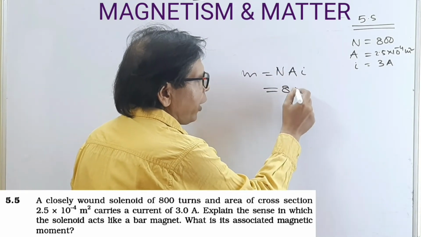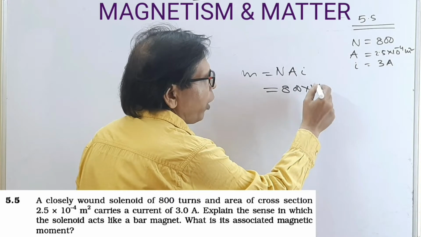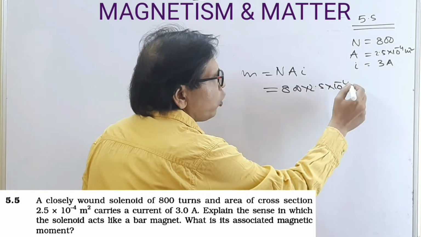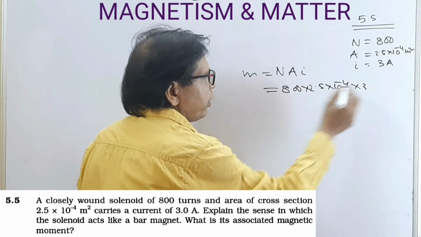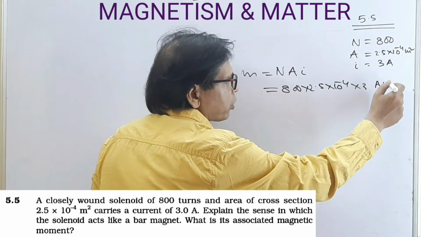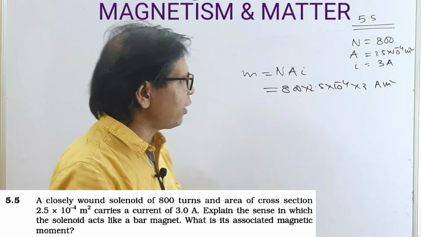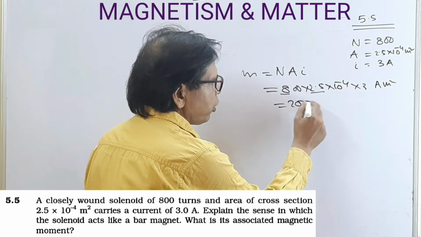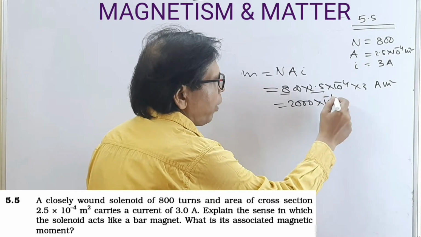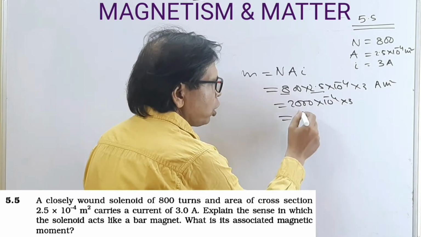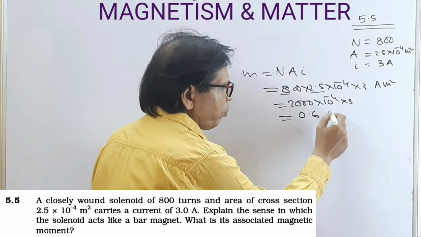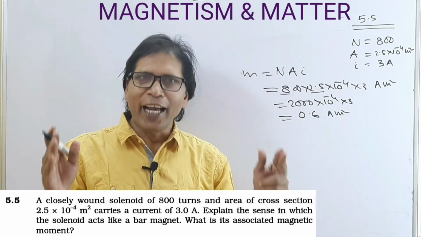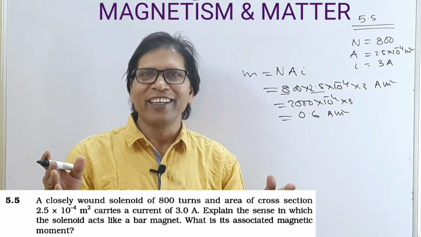Here N equals 800, times 2.5 × 10^-4, times 3, in units of ampere meter square or joule per Tesla. Now 800 times 2.5 is 2000, and 10^-4 into 3, so this is 0.6 ampere meter square. Therefore, this is the magnetic moment associated with the solenoid.